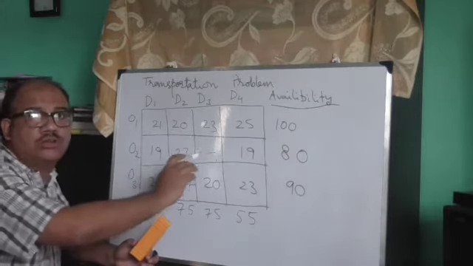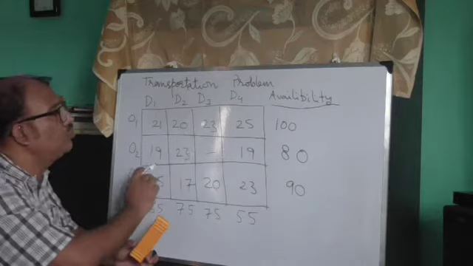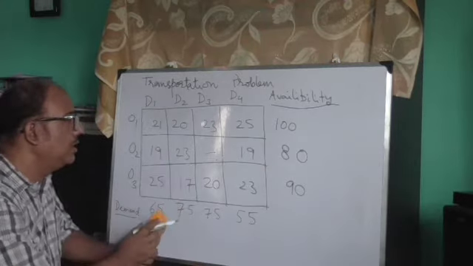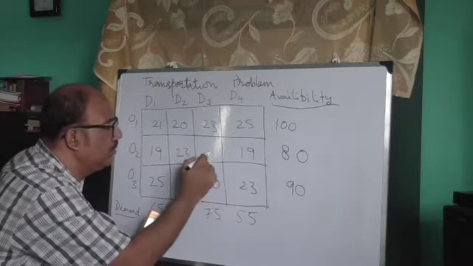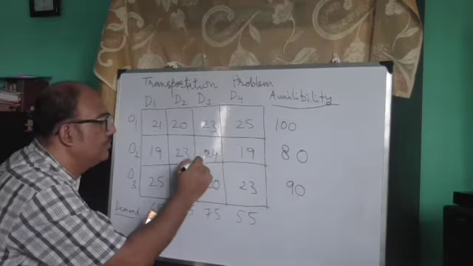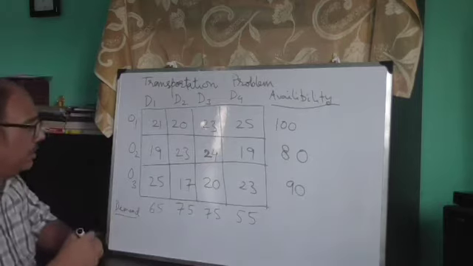So we will not transport any units from O2 to D3. So let's go back to what was there. We have written 24 over here.